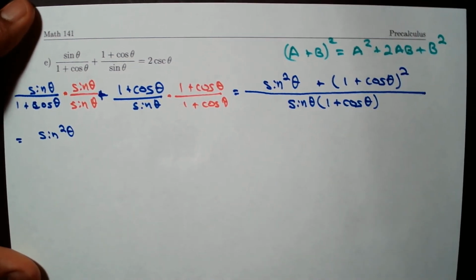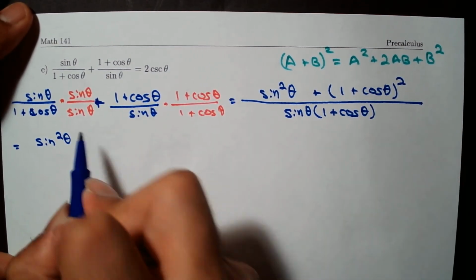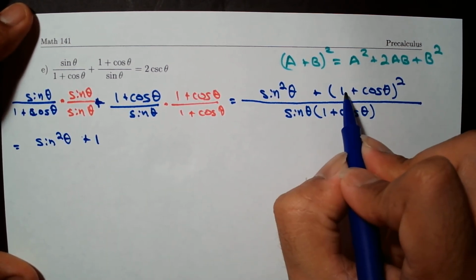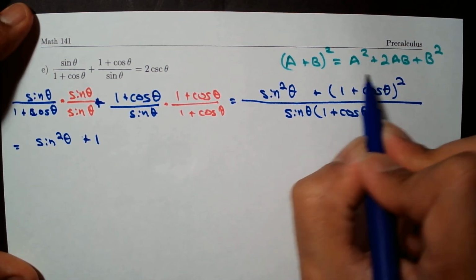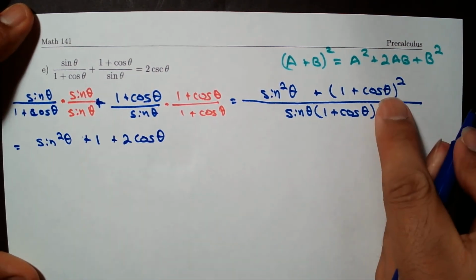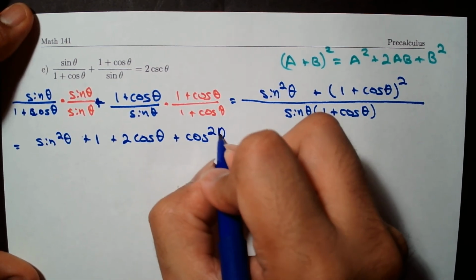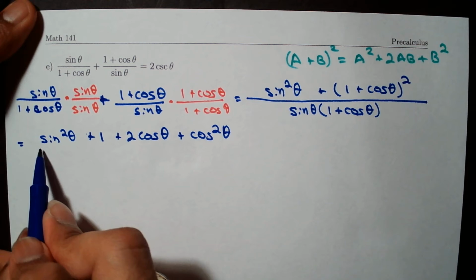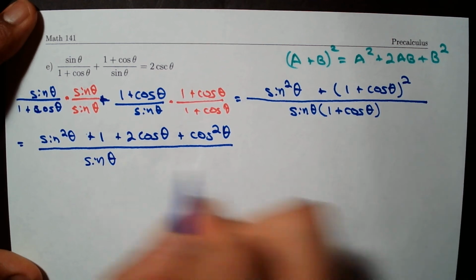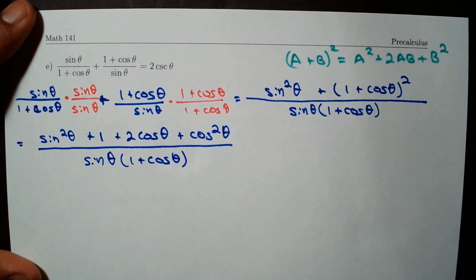You might want to use that form as well, which is basically the square of the first term, 1 squared is 1, plus 2 times the product of the first and the second, so that's 2 cosine theta, and then the second quantity squared, that's cosine squared theta. And then divide the whole thing by sine theta times 1 plus cosine theta.